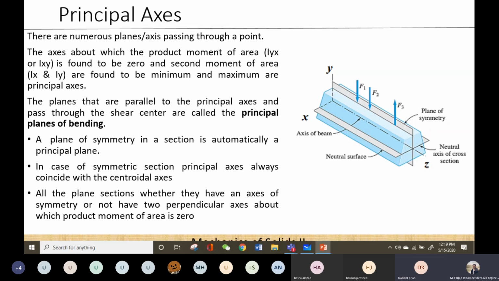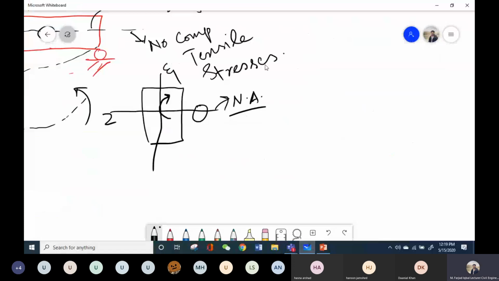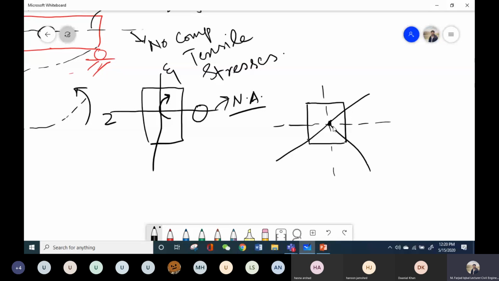Now, what are principal axes? If we have this cross section, and these are my centroidal axes, at any point in a beam there can be an infinite number of axes, this one, or this one.